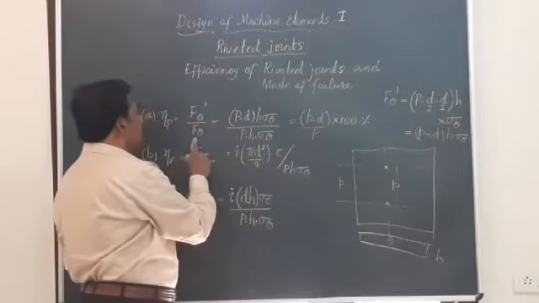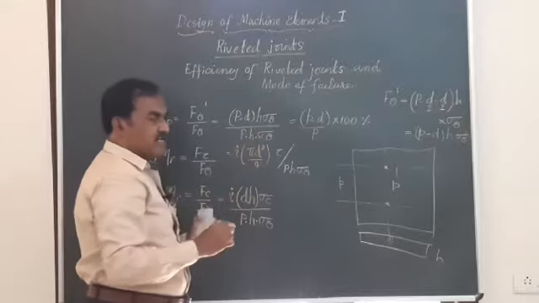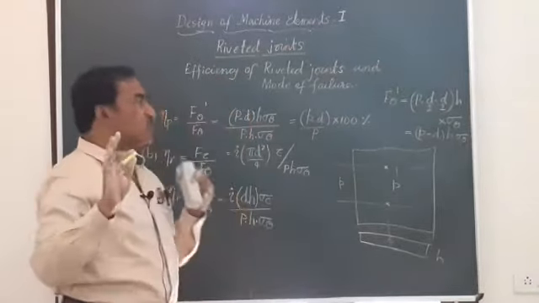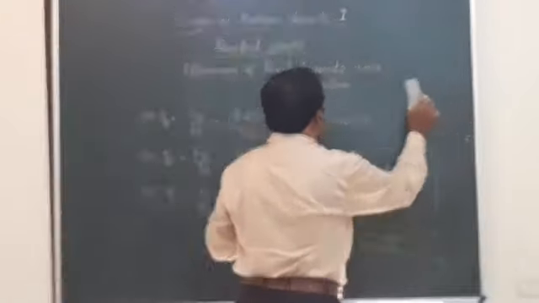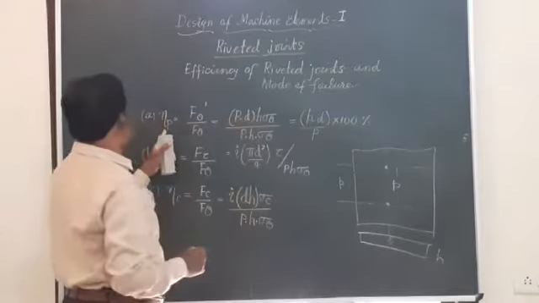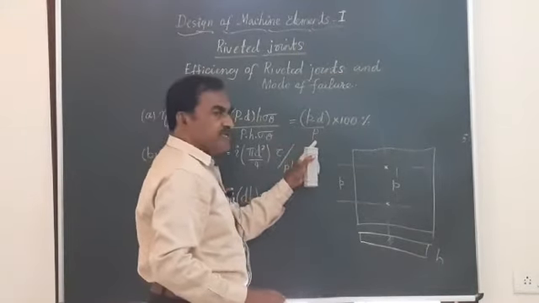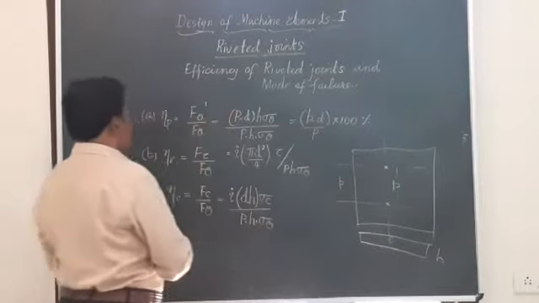So, we call this strength F theta, P into H into sigma theta. That is the strength of the solid plate, or the plate without holes in it. So, if you divide one by the other, you will get the efficiency of the plate, which is P minus D by P into 100 will give the percentage efficiency.